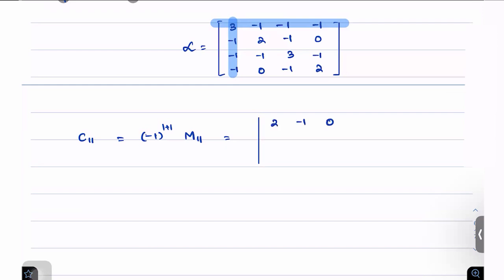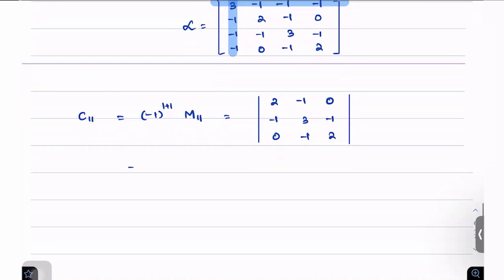of the matrix 2, minus 1, 0; minus 1, 3, minus 1; 0, minus 1, 2. And this determinant is equal to, let me calculate it, 2 into 5, 10, minus 2, giving 8.